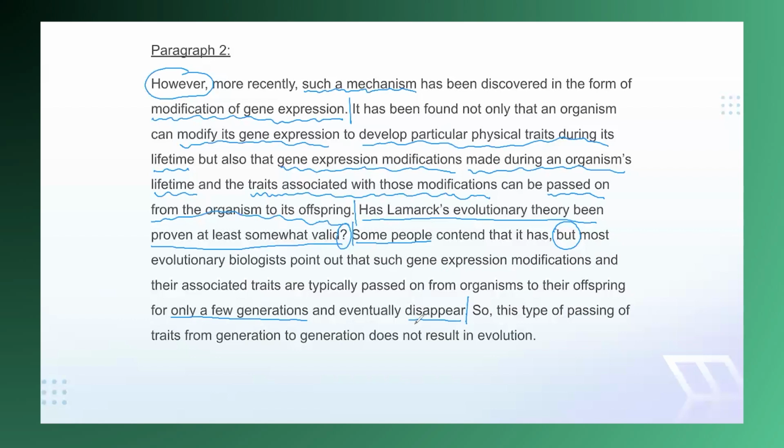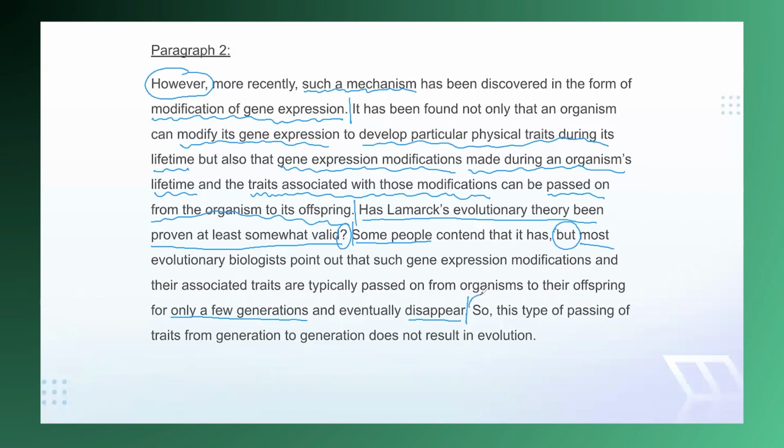This is the argument against modification of gene expression supporting Lamarck's theory. So we may not understand what this argument is. We may not understand the relevance here. But at this point, we know that this is the argument they're making. It is because these modifications and traits eventually disappear. They only persist a few generations. And we know that it is the consensus of most evolutionary biologists.